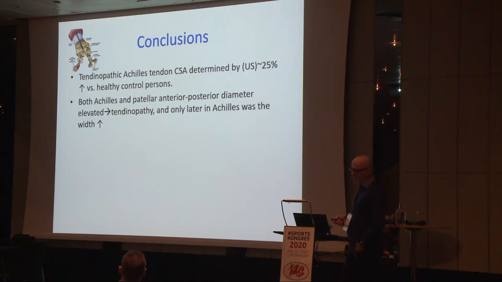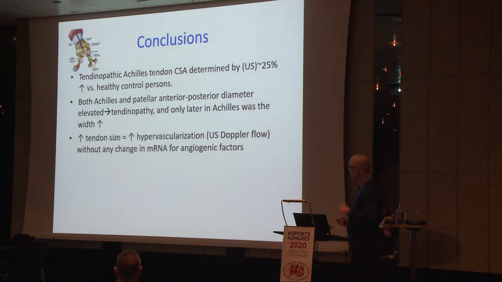And both Achilles and patellar anterior-posterior diameter, or the thickness, was also greater, but in the later stage it was most true for the Achilles tendon with the width. And so the size seems to be greater, and that also accompanies the hypervascularization, which is much greater for both the patellar tendon and the Achilles tendon.